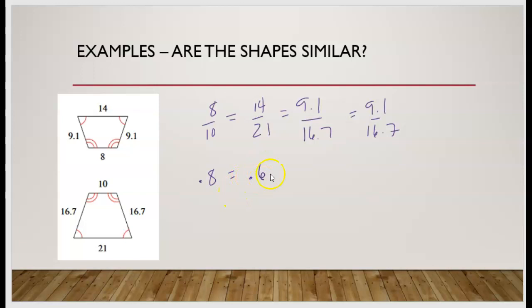Ooh, that is 0.66 repeating. So already you can see that they're not equal. Those ratios are not equal. They're not proportional. So because these are not equal, these are not similar. So we could not use the ratios to help us.